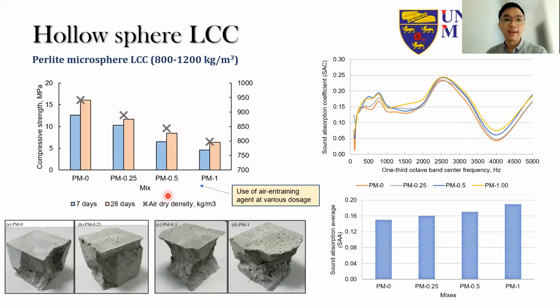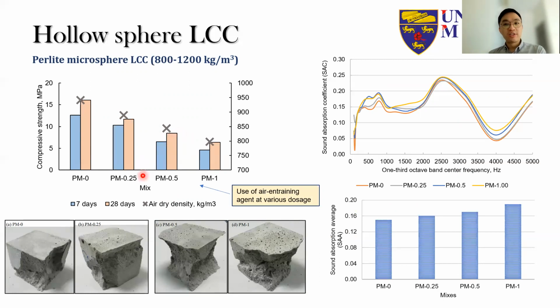Because we have to maintain the density at about 1,000 kg per cubic meter, we also tried using an air entraining agent to bring down the density, and also to check the sound insulation properties of this Perlite microsphere LCC.